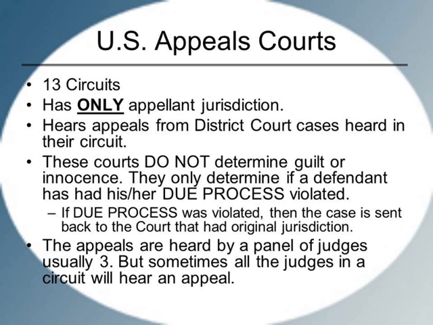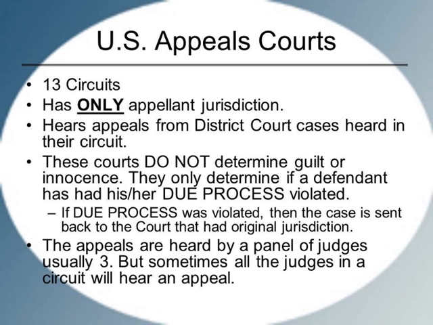The appeals court is structured different than district court, in that instead of there being 94 appeals courts in the country, there are what we call 13 circuits. The country is broken up into 13 little regions, and if I have a trial in the 35th district court, and the 35th district court happens to be in the 12th circuit, my appeal from my district court trial is going to be heard in the 12th circuit.